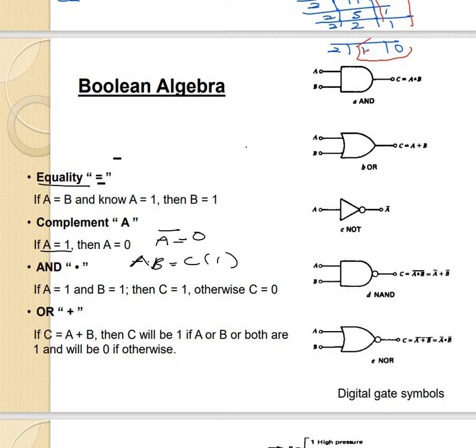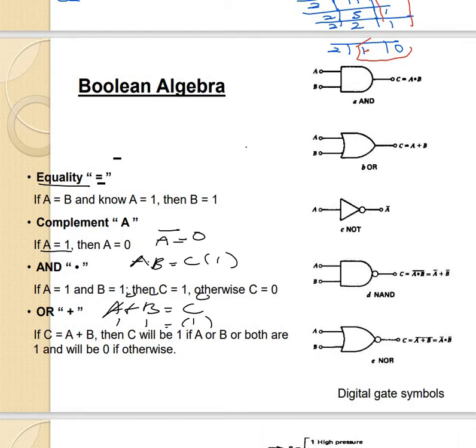So if we have A plus B equal to C, so if A equal to 1, B equal to 1, that means both are 1, so C will be equal to 1. If we have A equal to 0, B equal to 0, C will be equal to 0. If we have A equal to 1, B equal to 0, C will be equal to 1.